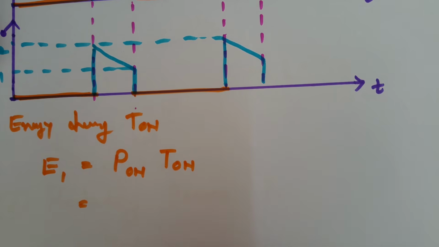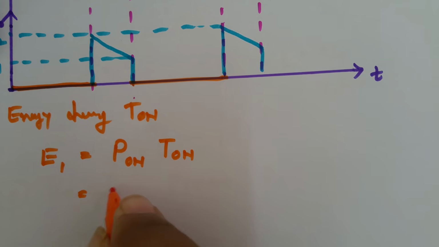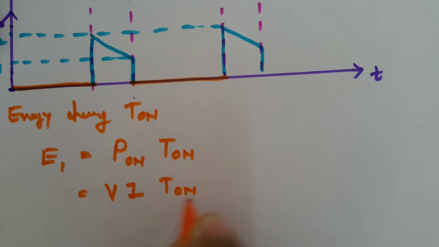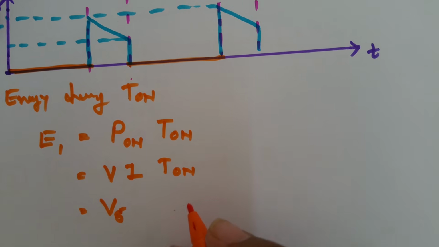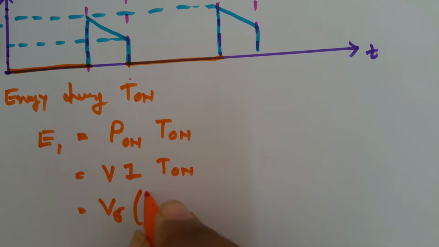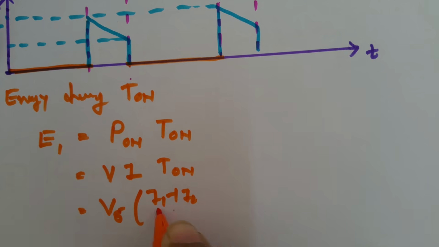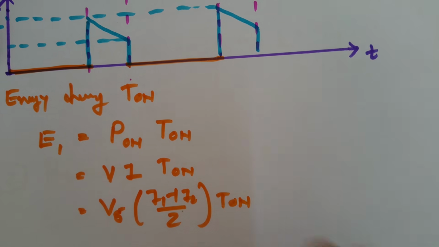Now power during on is voltage into current. Voltage is Vs when the switch is on, which is appearing across the inductor, and current is (I1 plus I2) by 2, and time period is T on.